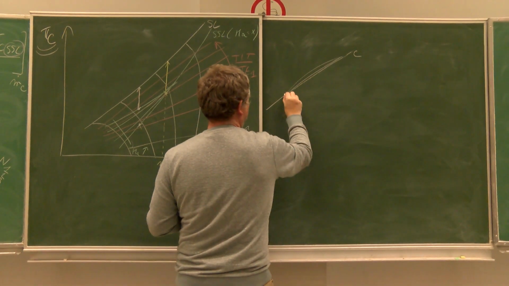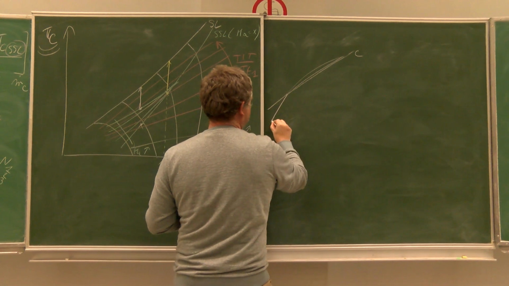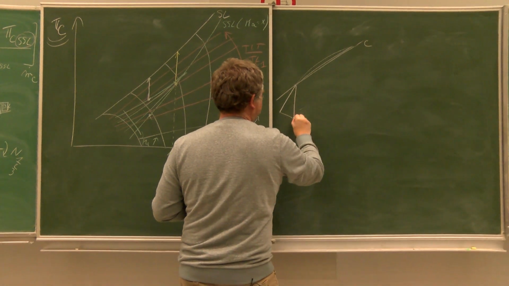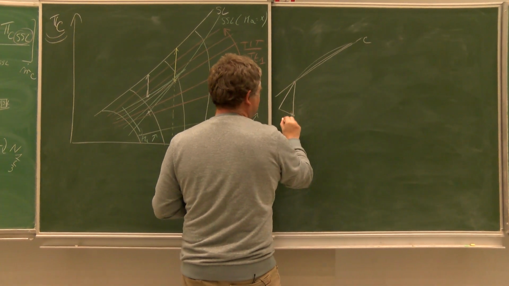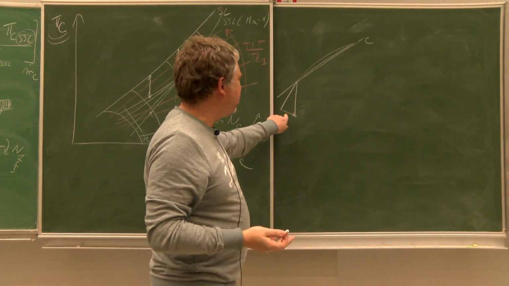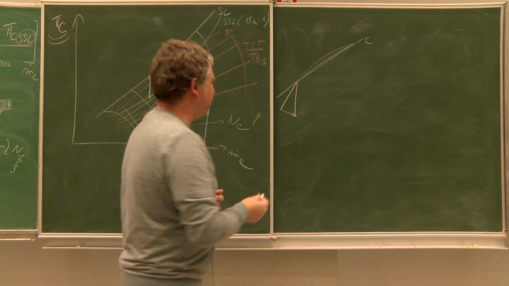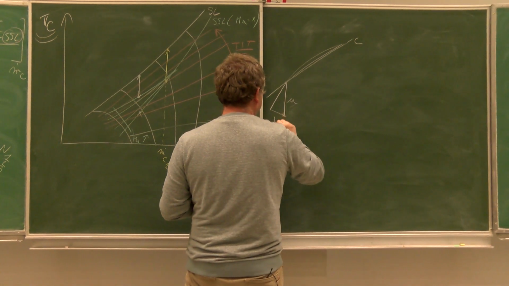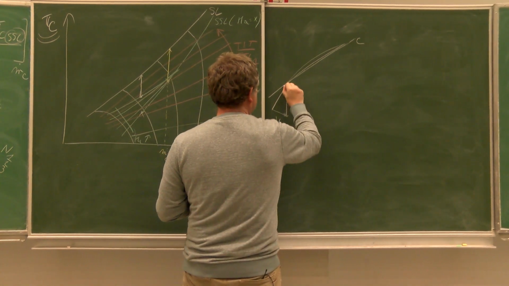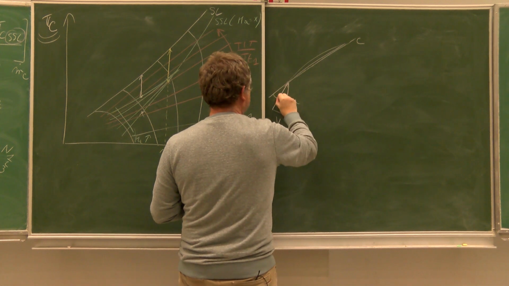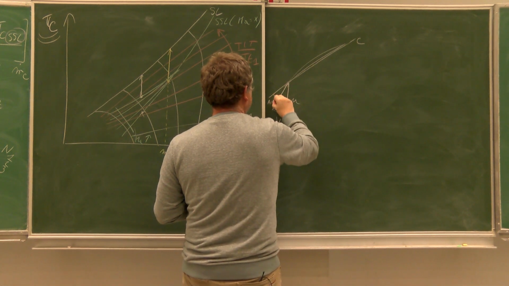You have a certain velocity triangle, so maybe the absolute velocity is not axial. Yesterday I represented it as axial, maybe it's not axial. You have u here, you have the absolute velocity there, and you have the relative velocity, and you have the angle of attack here.